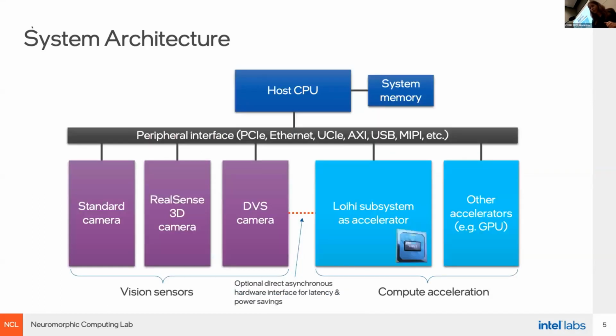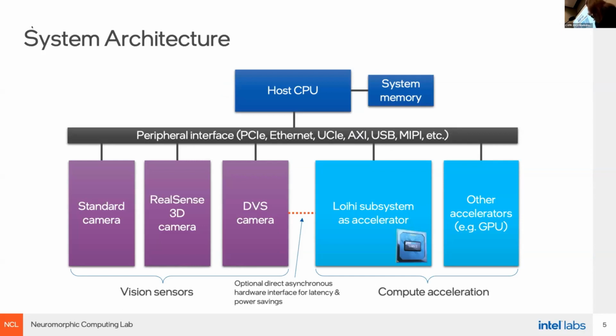Here is another view of the whole system. Loihi can be configured using a host computer, the host CPU, with all the system memory. You can use a number of interfaces, PCI, Ethernet, USB or MIPI, your favorite interface, to connect to different sensors. We are now looking into standard RGB cameras, RealSense RGBD cameras, and DVS cameras.